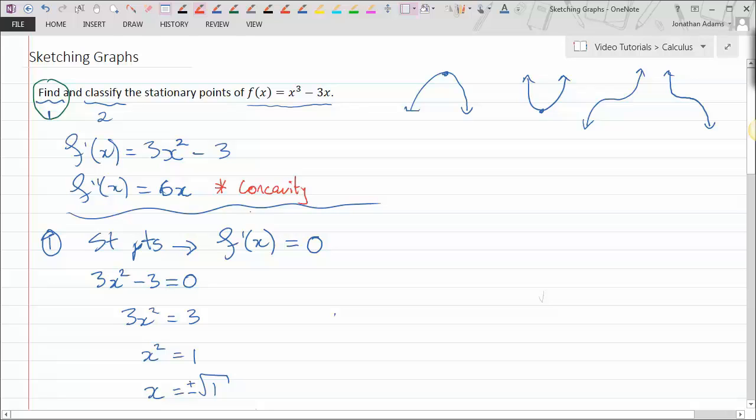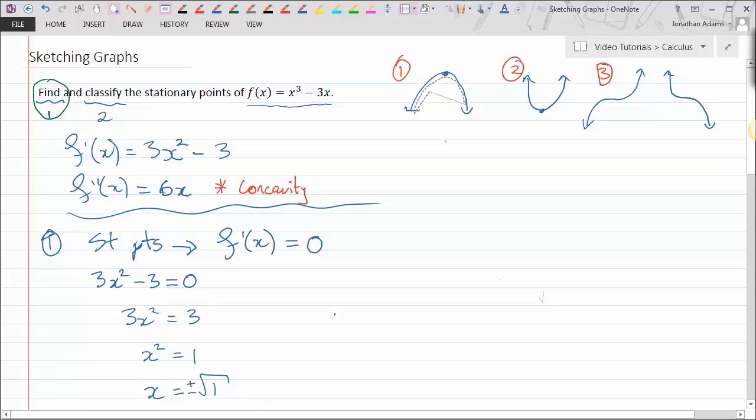And the concavity would be able to decide which of these three cases we have, whether we've got a maximum, whether we've got a minimum, or whether we've got some kind of inflection point. The reason for that is if you think about a maximum point, it's always somewhere where the graph is going to be concave down, because it's got to be the highest point.